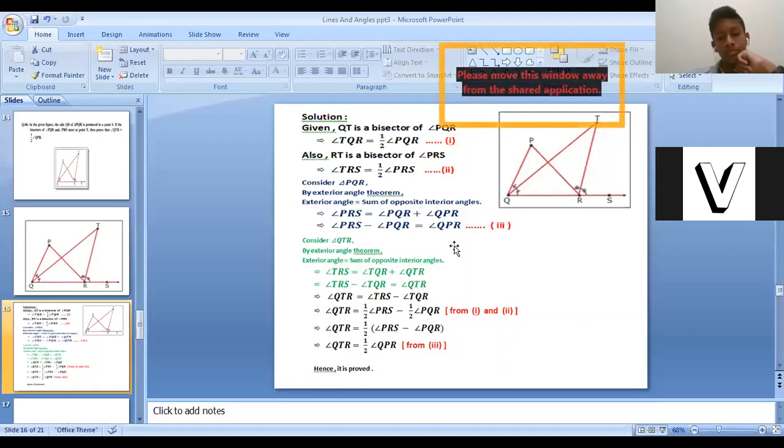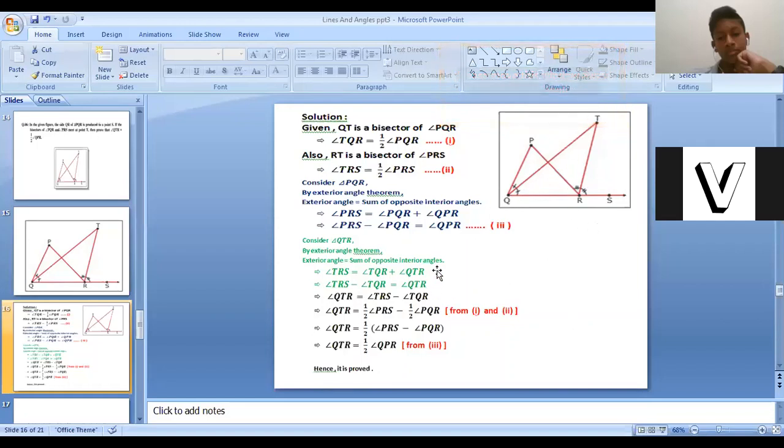Now similarly, one more triangle is also present, other than PQR, which is triangle TQR. TQR is one more triangle. Yes or no? Yes, ma'am. Again, TRS acts as an exterior angle, which equals angle QTR plus TQR. Again, exterior angle theorem. Here also we need the value of angle QTR.